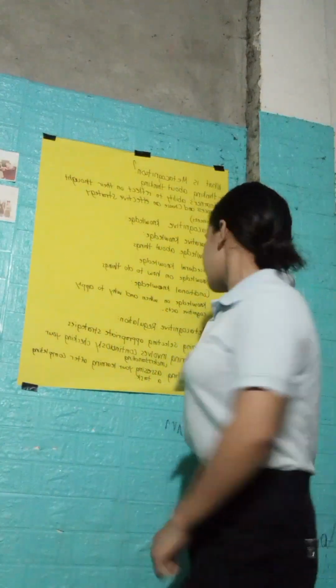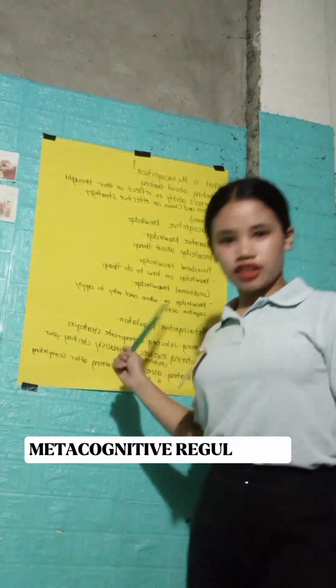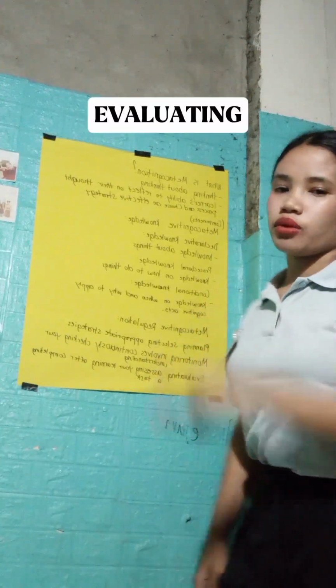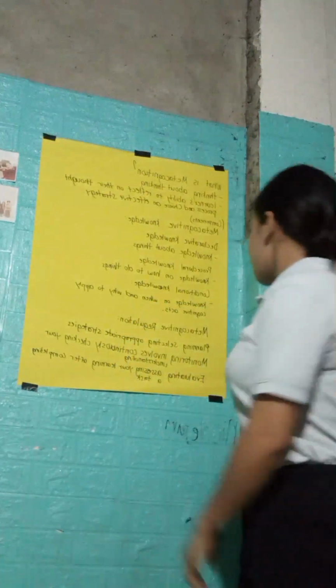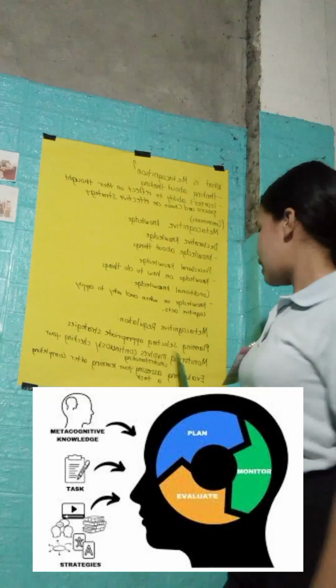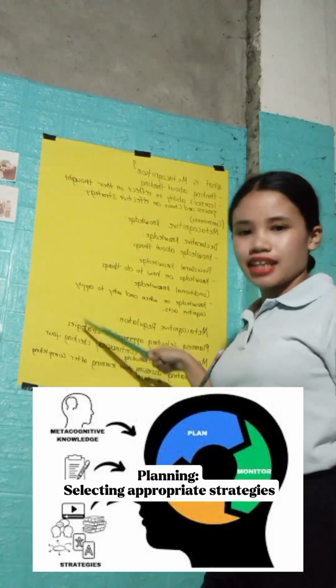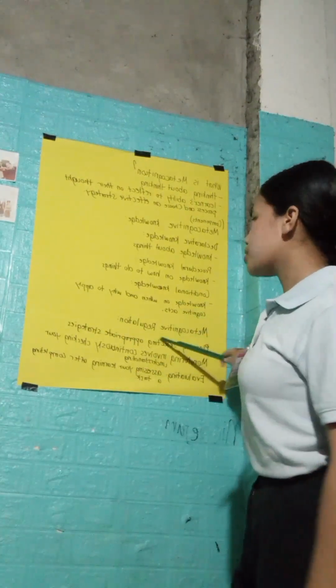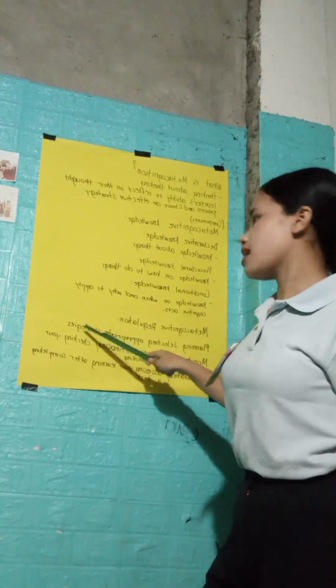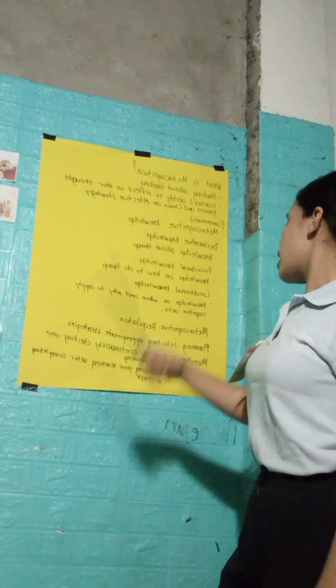So we have here the metacognitive regulation. Metacognitive regulation is actively controlling the process of planning, monitoring, and evaluating. Planning means selecting appropriate strategies, like having a story read to a child.